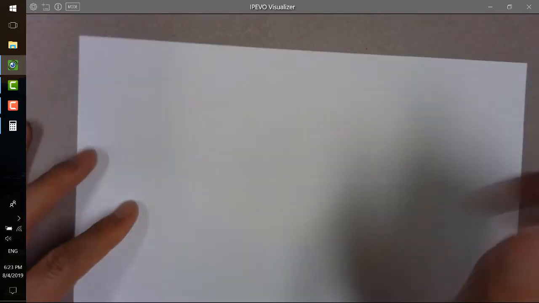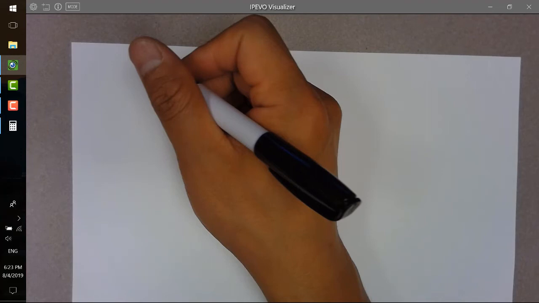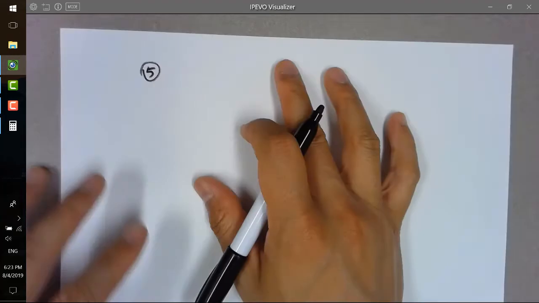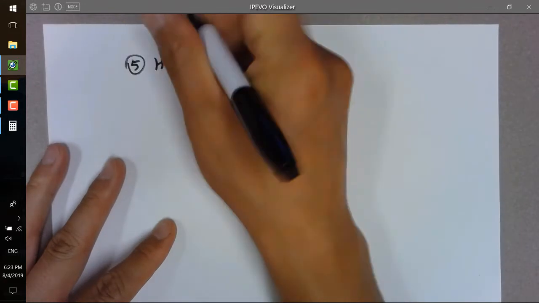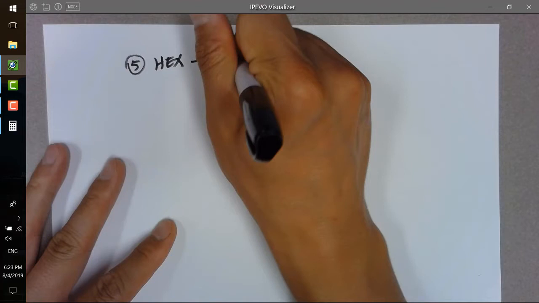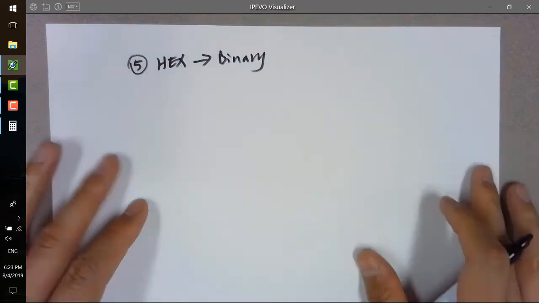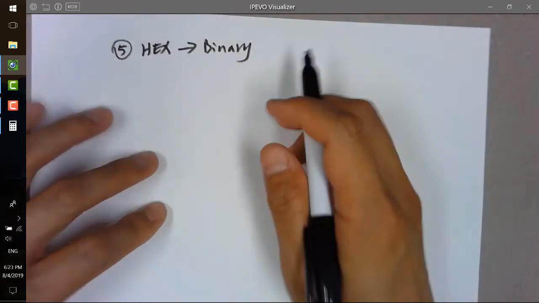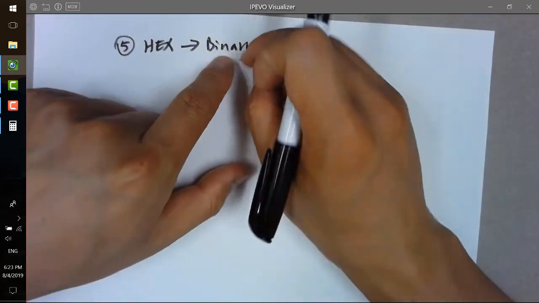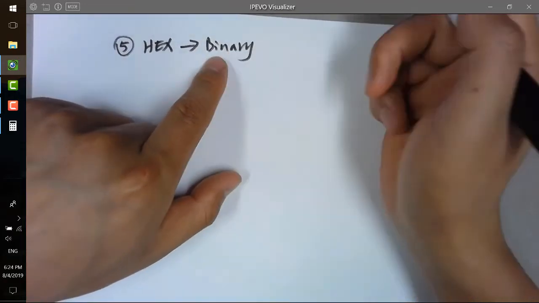Same thing. So what we are going to do after this one will be hex to binary. This is pretty similar to binary to hex. From binary to hex, you group the binary digits into 4s.